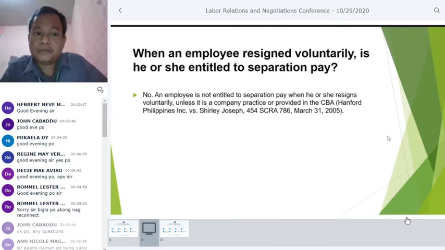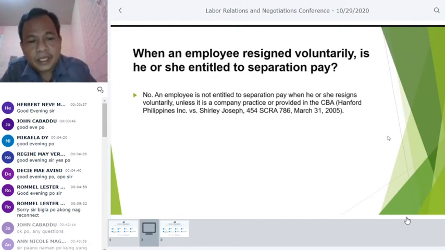So, ano yung sabi ng DOLE? Primarily, kapag nag-resign si employee voluntarily, primarily wala siyang separation pay. He or she is not entitled to a separation pay.